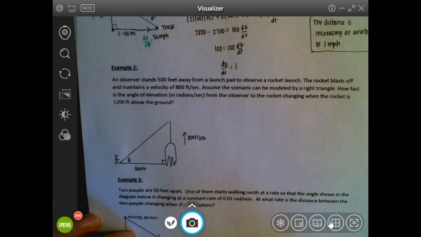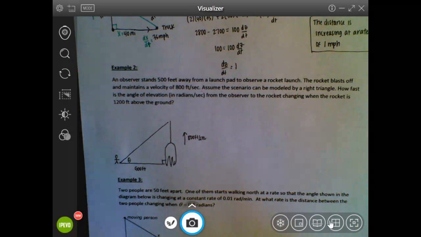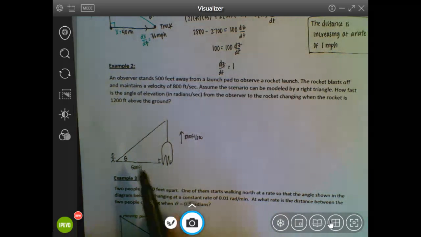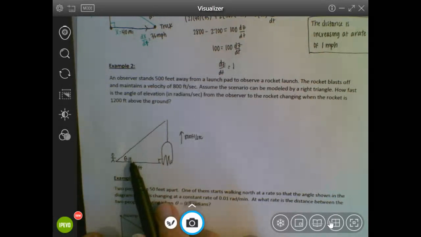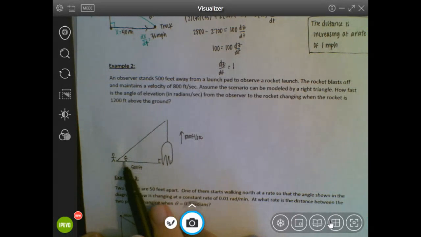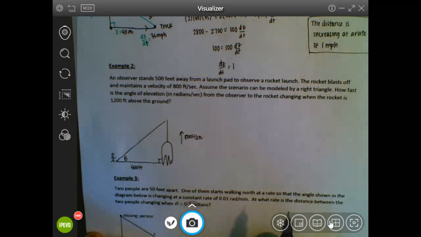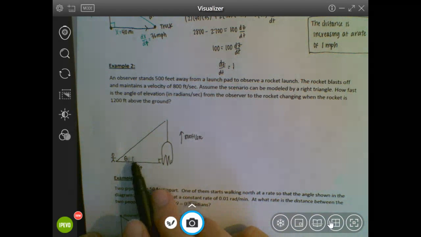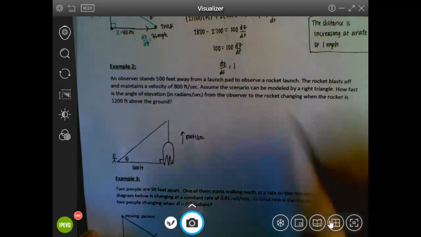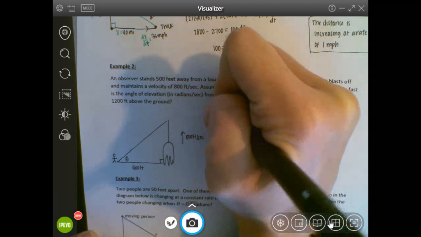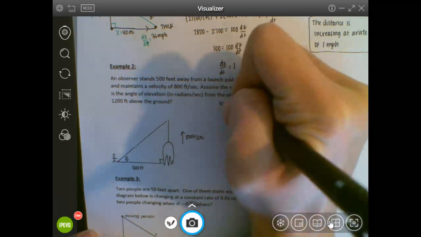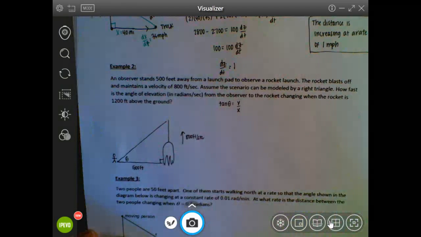So from what I know right now, I have some sort of trig ratio here. And I know I'm going to have to use a trig because I'm working with a theta in here. So if I look at the two sides that I have labeled so far, I've got an opposite and an adjacent. So I know that I'm probably going to want to use tangent. So I'm just going to call this for right now, tangent is equal to y over x.